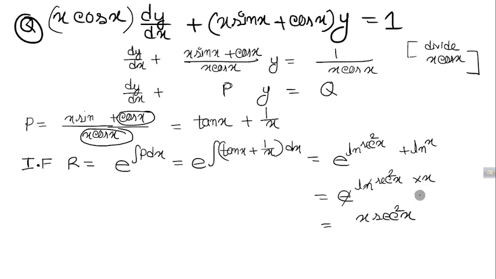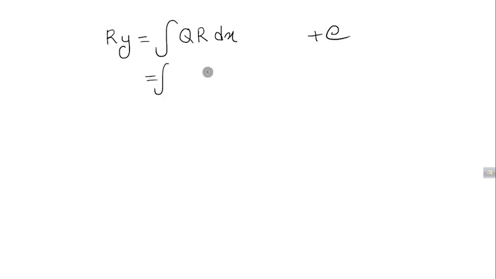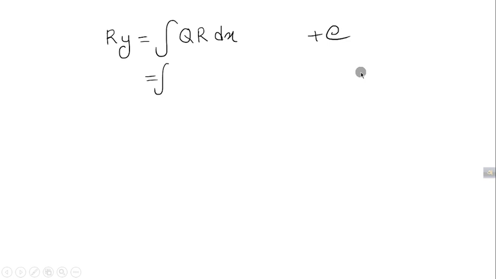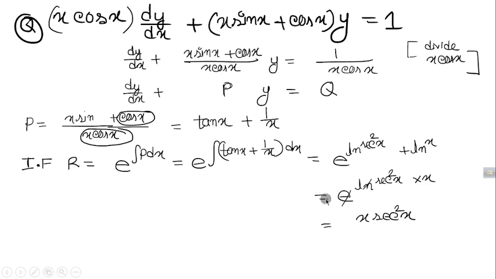It's my integrating factor, and now I have to use this formula, ry is equal to the integral of qr dx plus c. So what is q? q is equal to 1 by x cos x. And what is r? r is equal to x sec x.